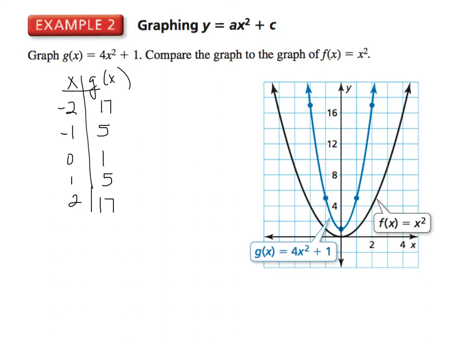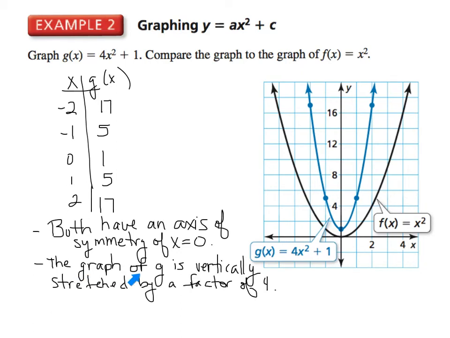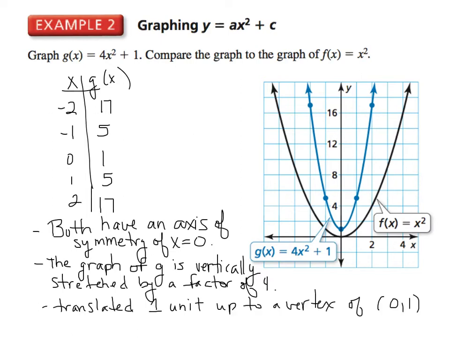You could say both have an axis of symmetry of x equals 0. You could say they're both facing upward. You could say that the graph of g is vertically stretched by a factor of 4. You could say it's also narrower, and that's fine as well. And then you would say that the entire graph is what? It's translated up 1 unit to a vertex of 0, 1.